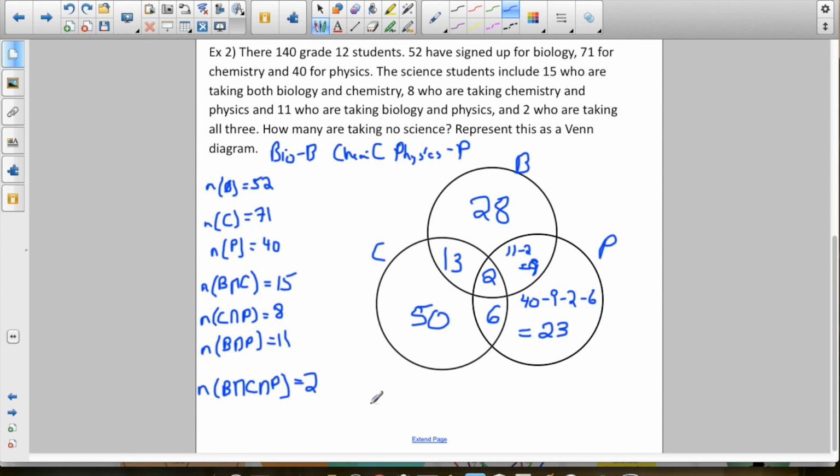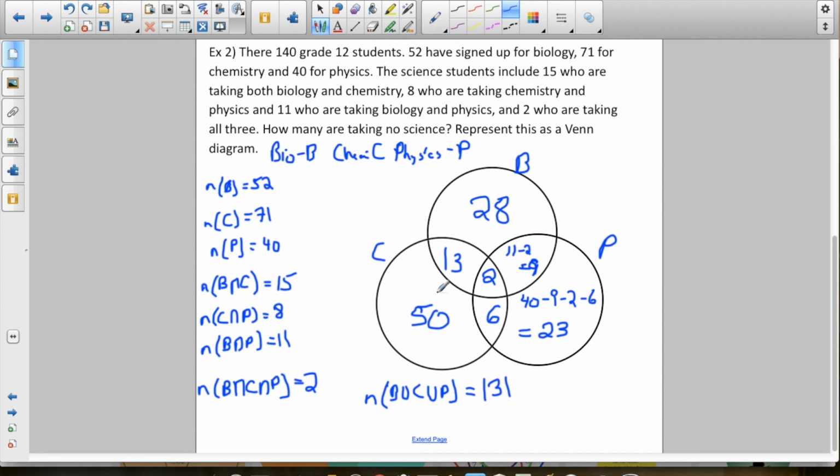So the number of B union C union P is all of these numbers added up. And if you do that, 50 plus 13 plus 2 plus 6 plus 9 plus 23 plus 28, I believe it works out to 131. And that's the total in all of the circles. So that's one way of working this out.